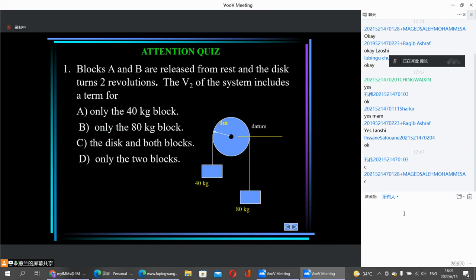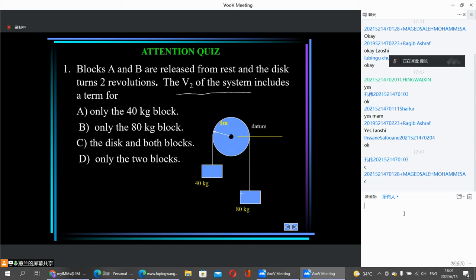Blocks A and B are released from rest and the disk turns 2 revolutions, okay? The potential energy of the system includes a term for which one, and the datum line is given.